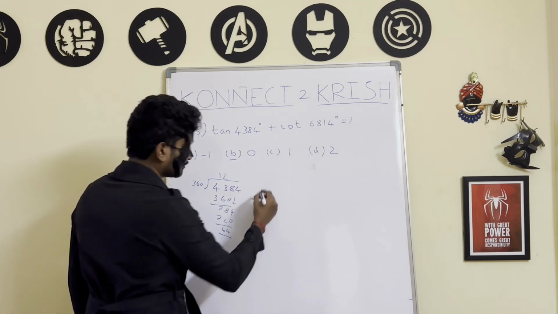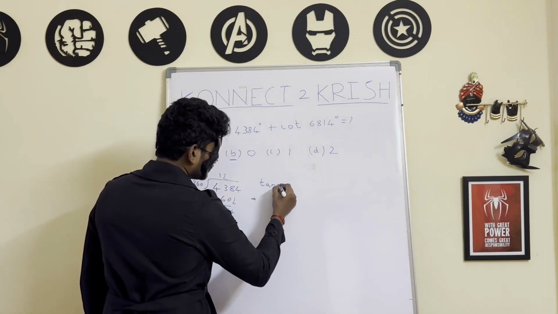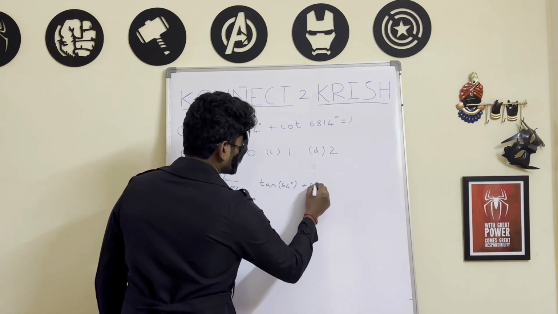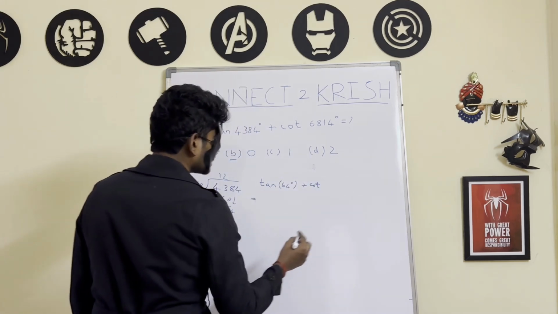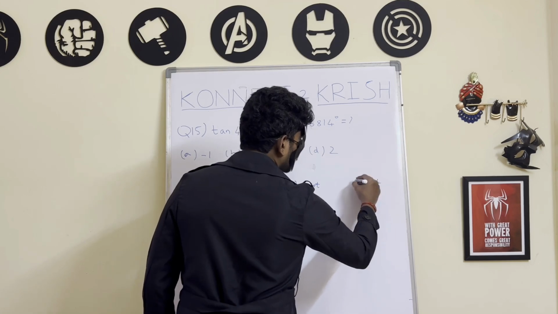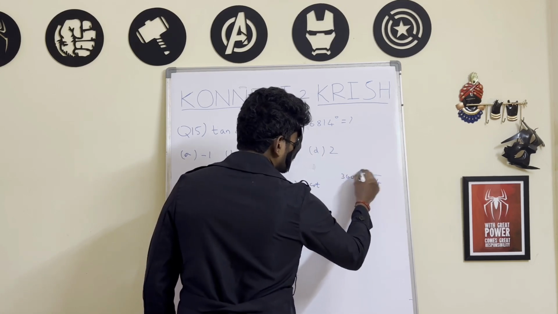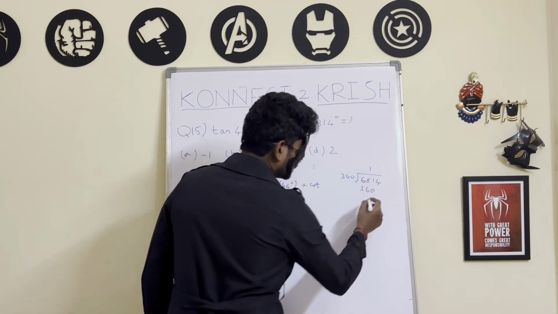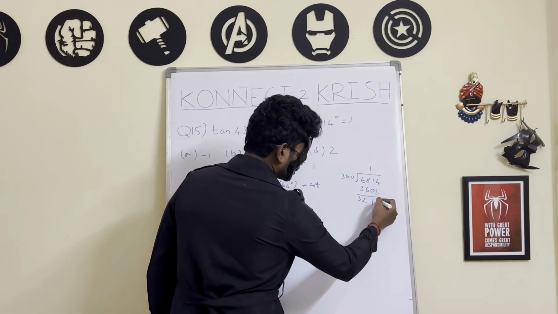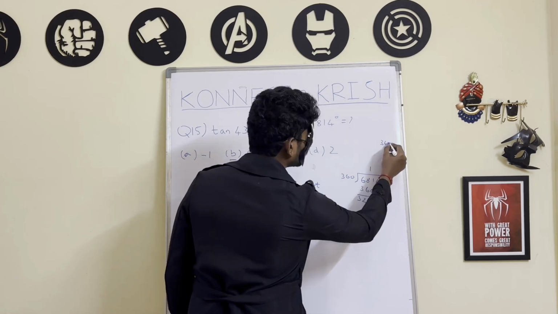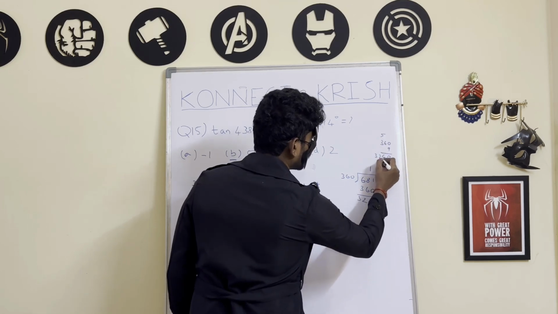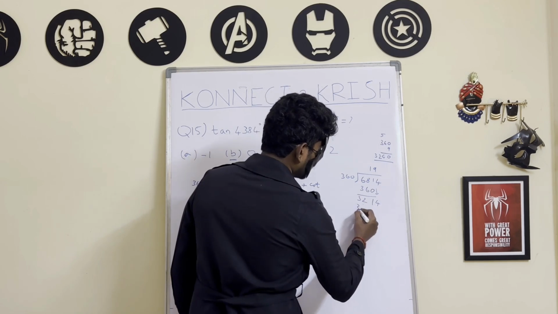So this tan 4384 I can write as tan of 64 plus cot. So now we'll divide 6814 by 360. 360 ones are 360, 1, 2, 3, 4... 360 nines are 3240.